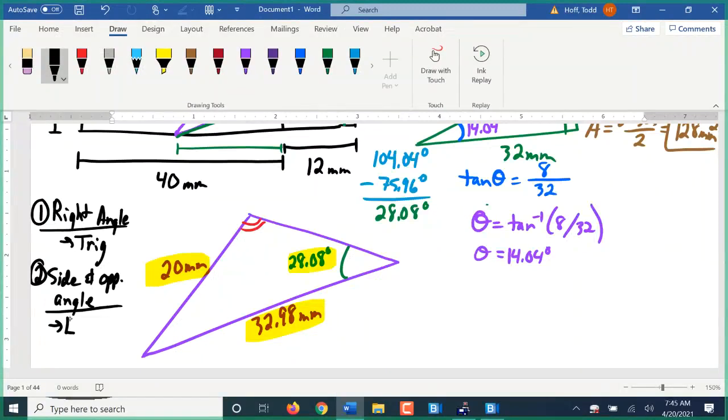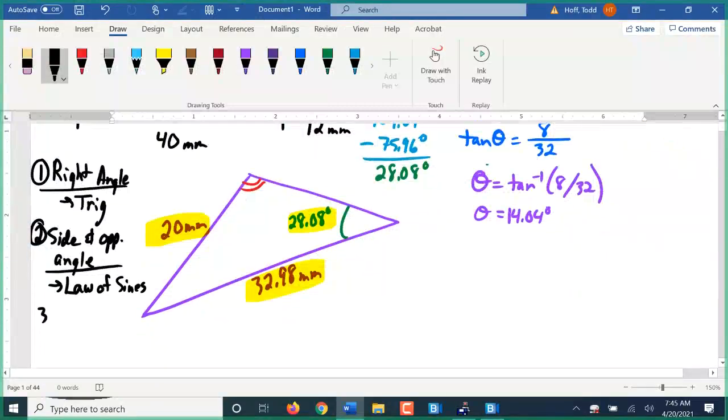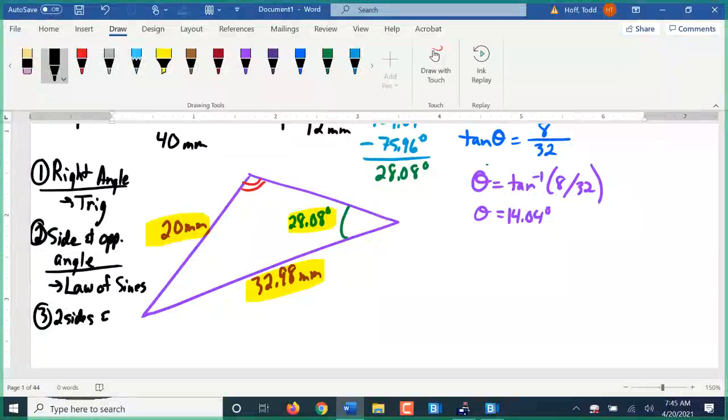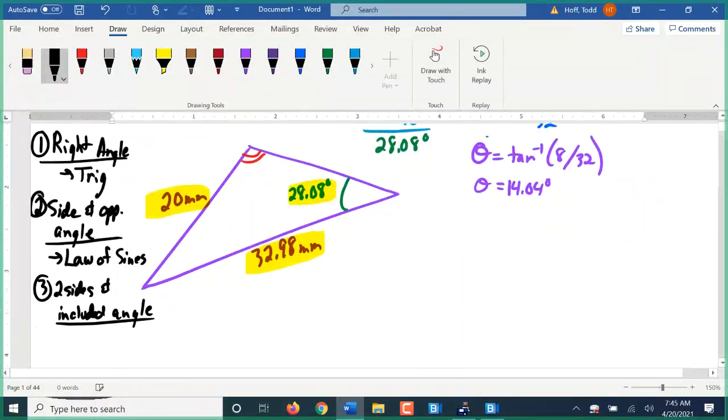We can always use the law of, not cosines, just sines, right? The third option is if we have two sides and the angle in between them, we call that the included angle. Then we would have to do law of cosines.